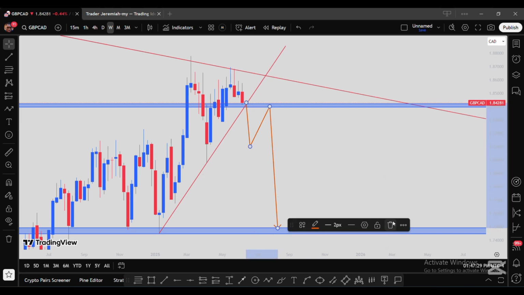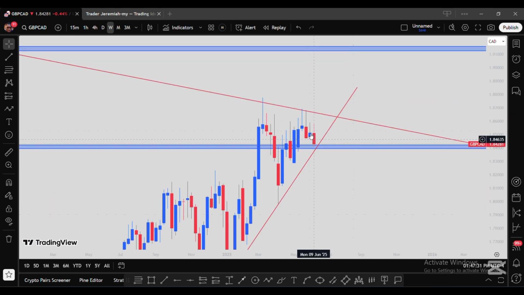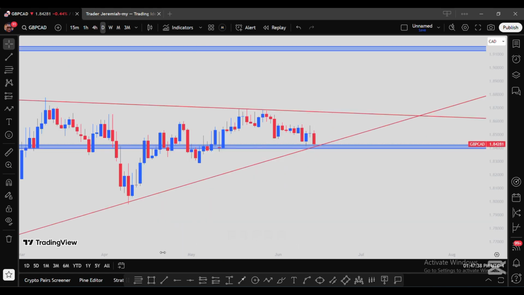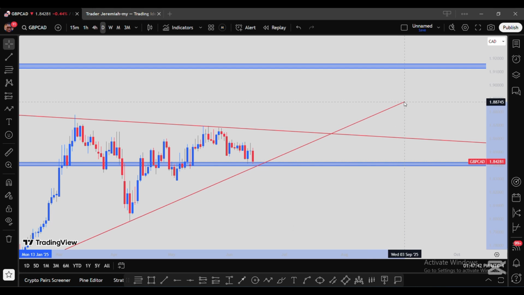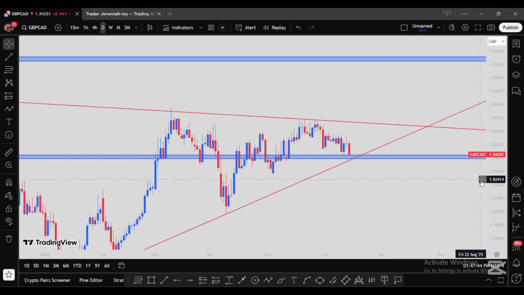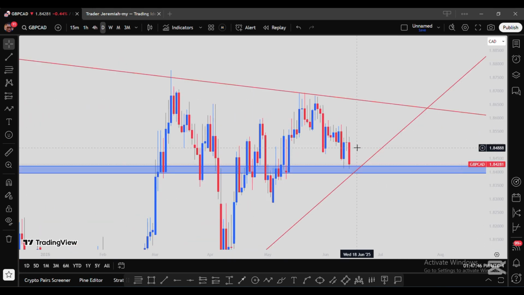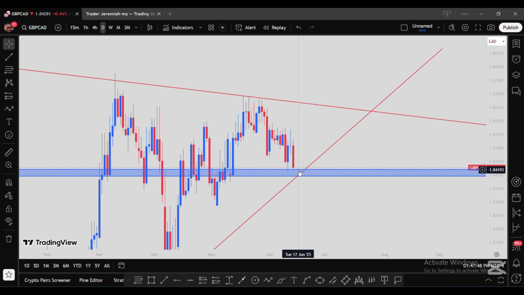At the same time as price was heading lower, price could still get into this trend line level. So if I go to the daily time frame, let me draw this properly first. Price could still get into this level and then continue heading higher. So price could still get into this trend line level, this support level, and continue heading back to the upside.